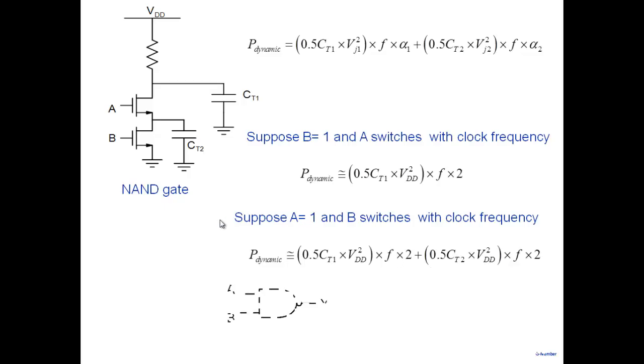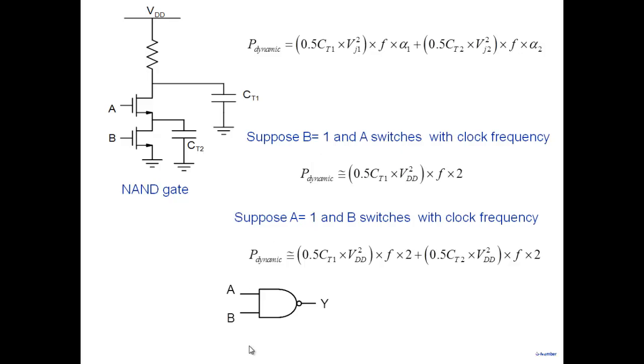Now note, this is interesting. If I take a NAND gate, with A here and B here, apparently, when you draw a NAND gate, the two inputs are equivalent, right? Whether you call this B or A, it doesn't really matter. But look at the differences.